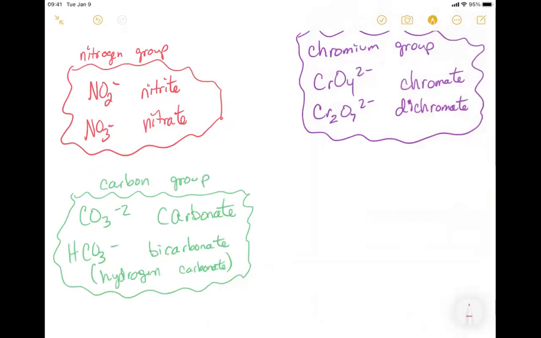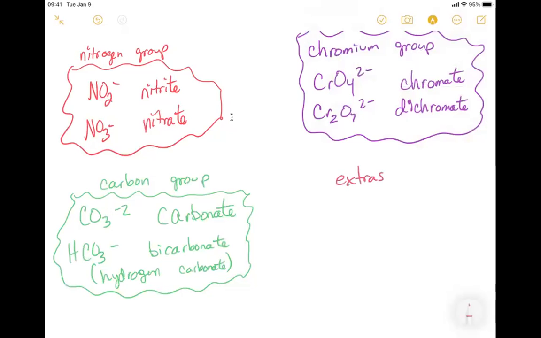Okay, I think I only have the stragglers left over, and by that I mean the ones that don't really have a group. Just making sure I'm looking at the list. Right. Okay. So the ones that are left over are just kind of individual ions that don't belong to any one group.